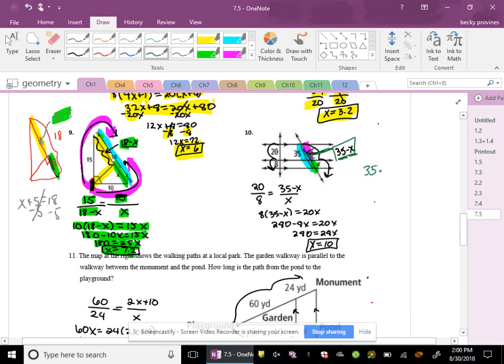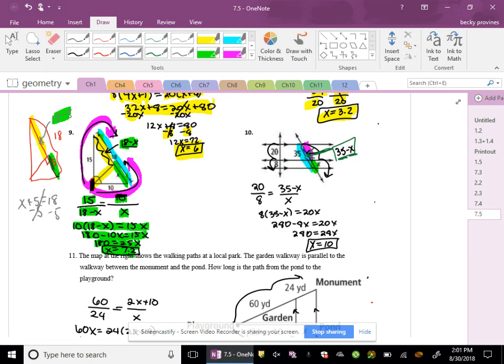Think about it. If you have 35 minus x, and then you add x to it, doesn't that just equal 35, which they told you is the total? Because those x's cancel. So it's a hard idea to get your head around, but once you get it, it really does make sense.